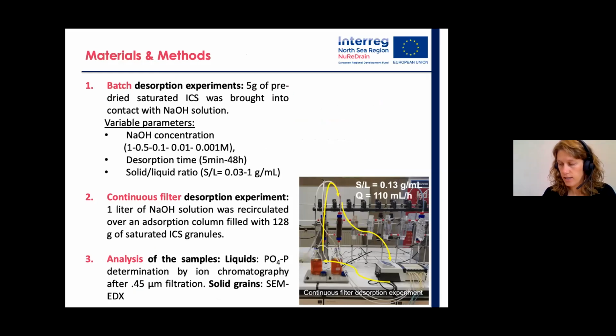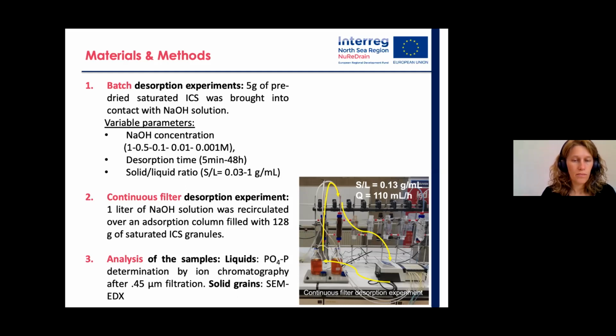We did a certain amount of batch desorption experiments in the first phase of our research. Afterwards, some continuous filter desorption experiments, and we analyzed the liquids, but also the granules. In our batch tests, we always used 5 grams of pre-dried saturated ICS, and it was brought in contact with a sodium hydroxide solution.